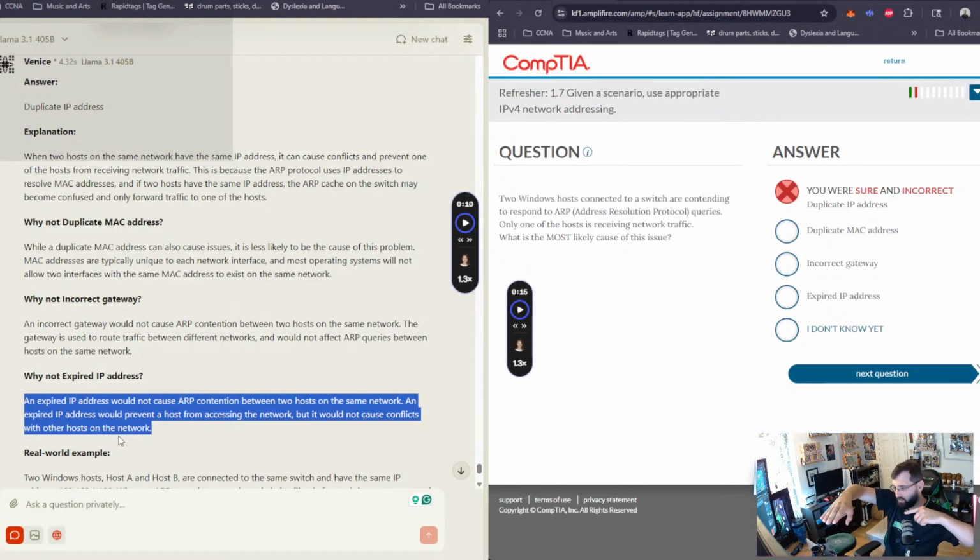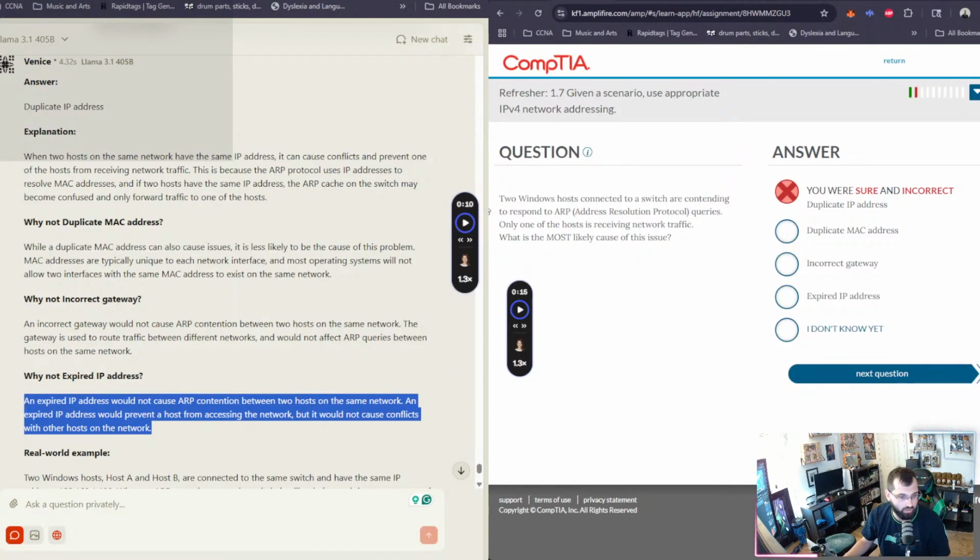So it's going to give it out to somebody else. So now there's two machines that have duplicate IP addresses that are now responding back to the same ARP request. The expired IP address is the cause. The duplicate IP address is the effect.